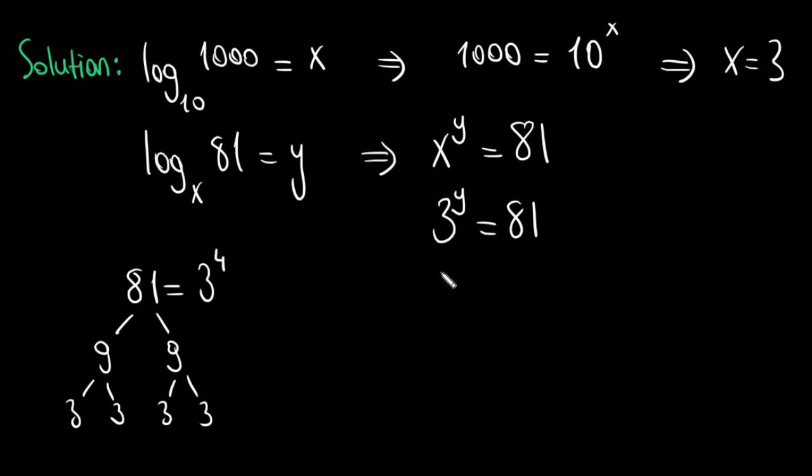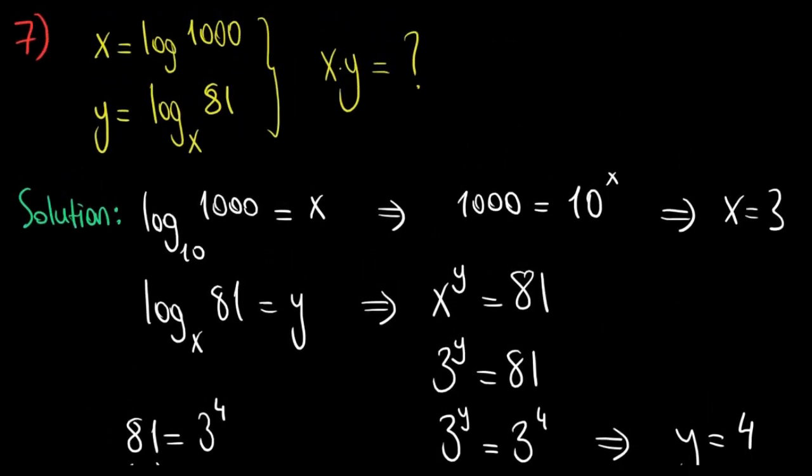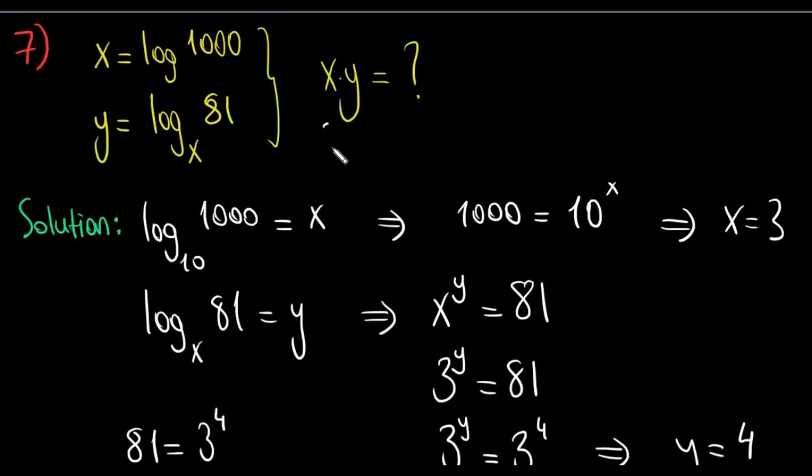So 3 to the power of y is equal to 81 is 3 to the power of 4. That means y is equal to 4. So the question is x times y, which is 3 times 4. 12 is the answer.